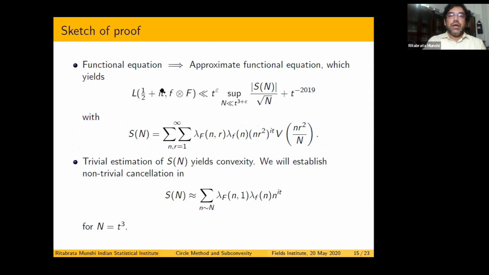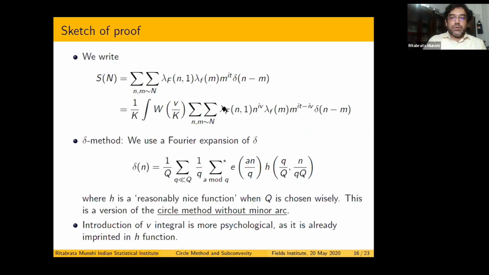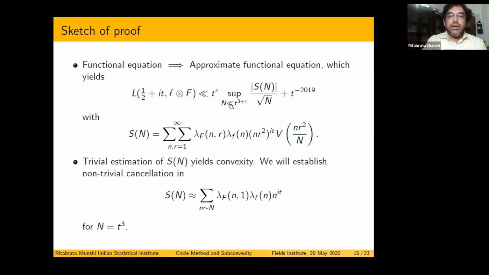And then if you suitably truncate the approximate functional equation, you can get an inequality of this type. Here, this L value can be bounded by a sum S_n by square root of n, where the length n is going up to T to the power 3. So what is T to the power 3?